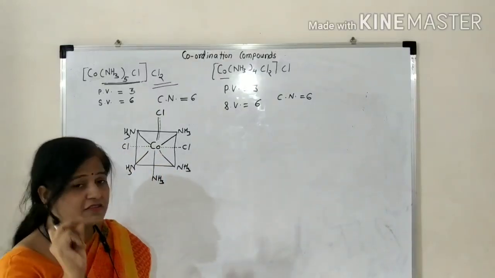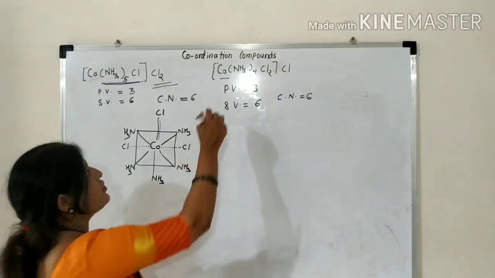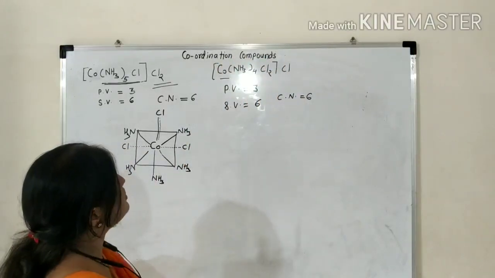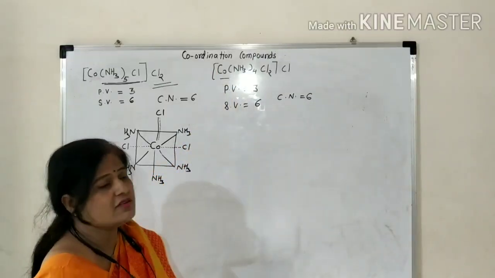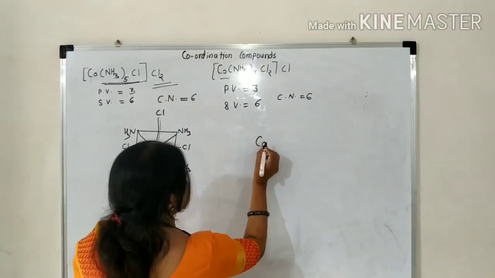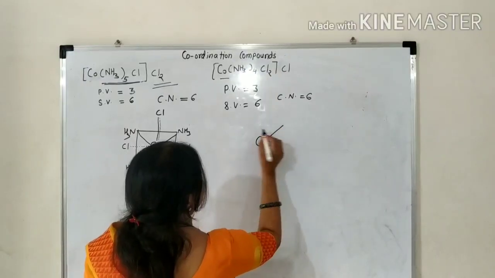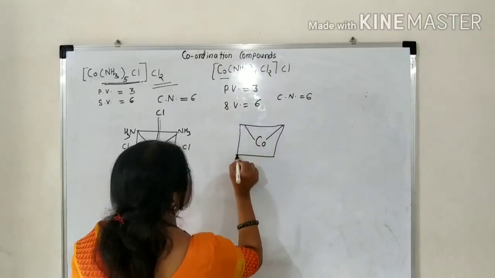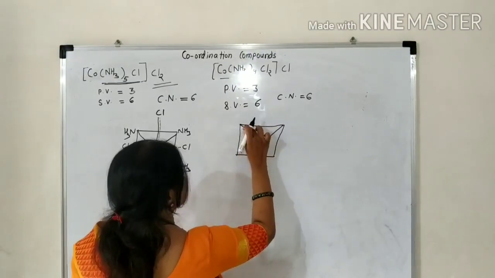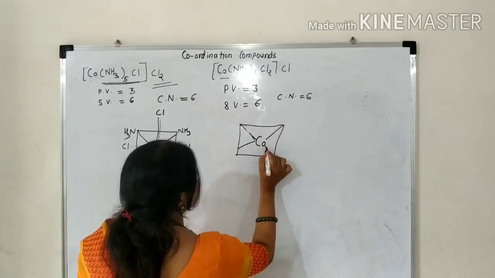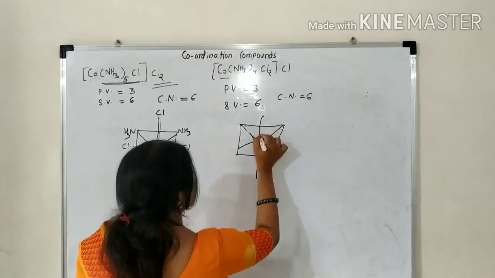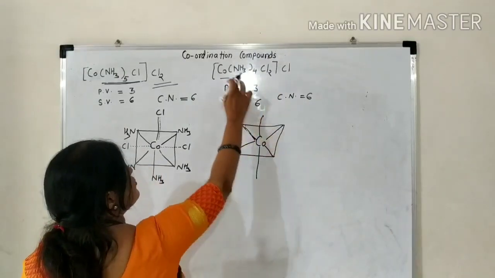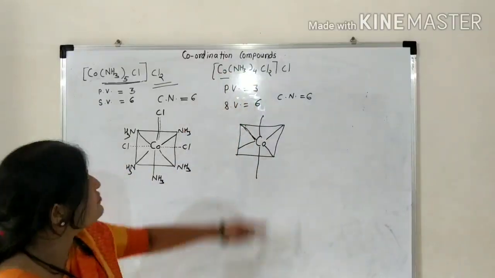If the coordination number is 6, then the geometry of this complex is octahedral. And in that compound, cobalt is at the center again. That is an octahedral complex. The ammonia molecules are linked with cobalt.